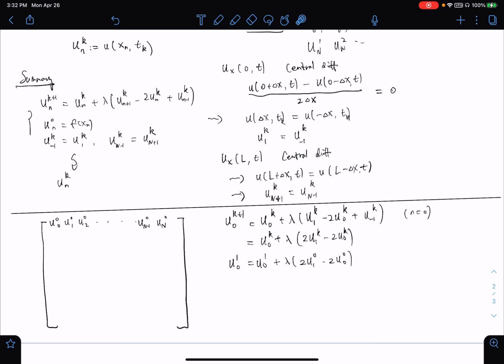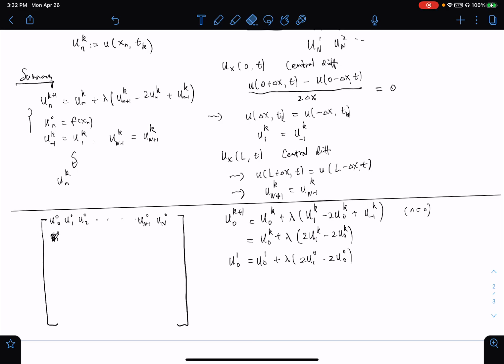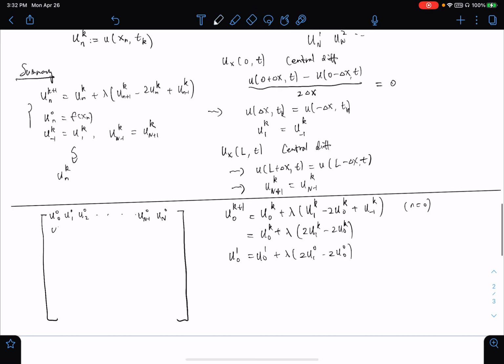So to generate u at the next time step for the boundary point, we can use actually these two values, u0,1 and u0,0. So we don't actually have the fictional point here.